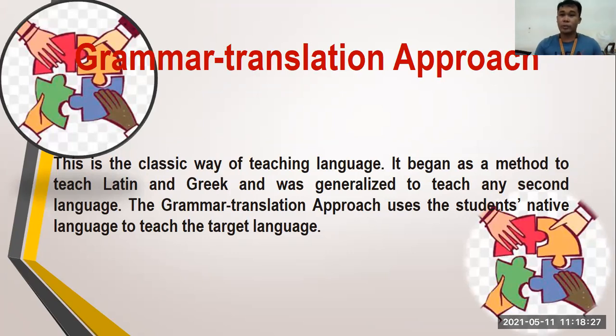First, we translate that word into our own language. For example, we translate an English word into the vernacular, or Bisaya words. If we talk about bird, what is bird? Its equivalent in Bisaya is ibon. So that is the grammar translation approach.